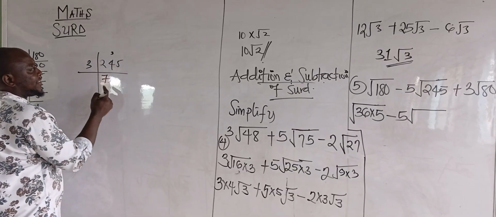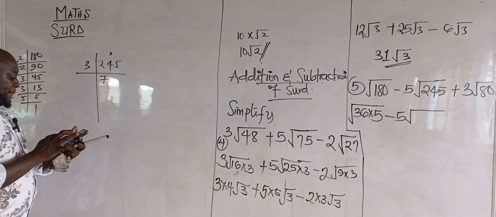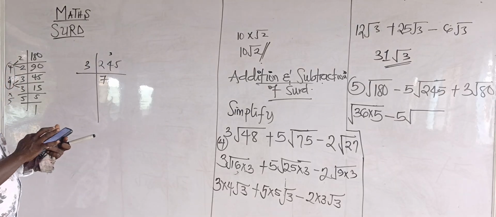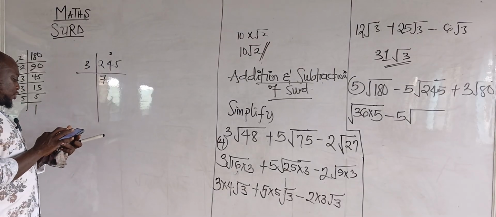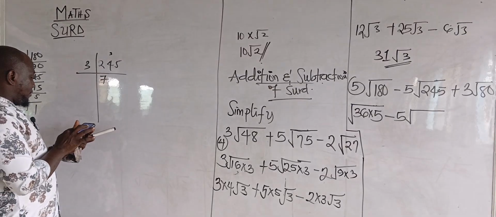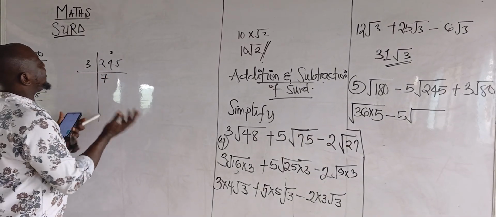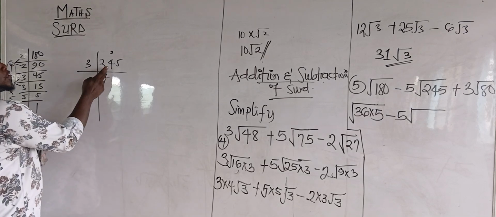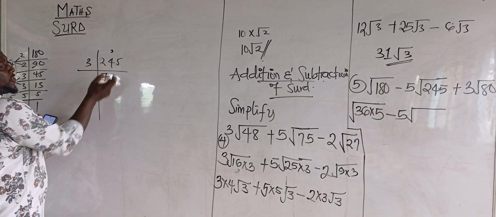So in 35, can 3 go in 35? To check, it cannot go. So let's check another number. So 5 can go. 4 cannot go. 3 cannot go. 2 cannot go, but 5 can go.